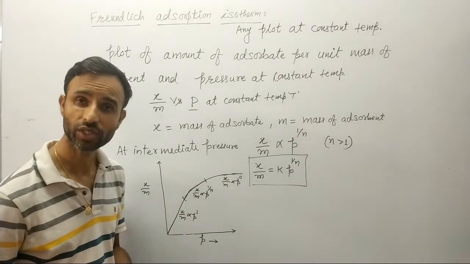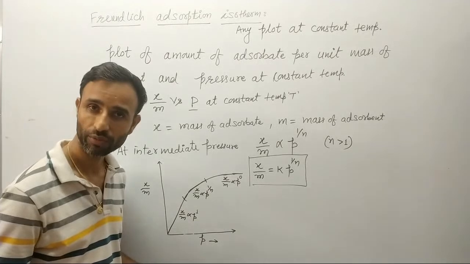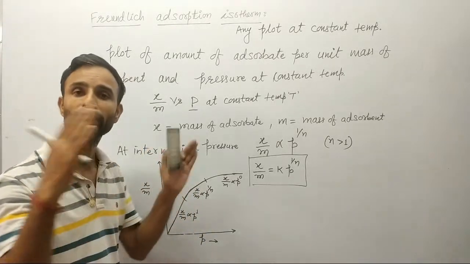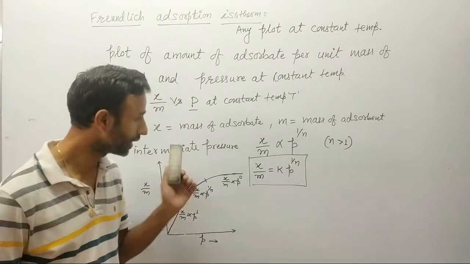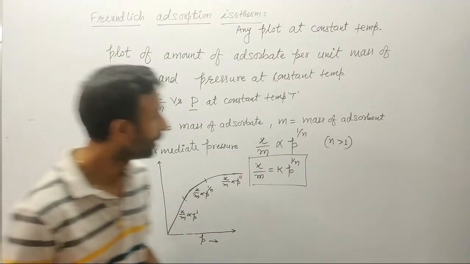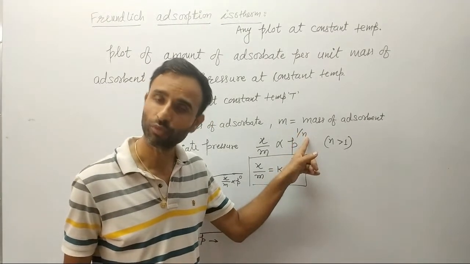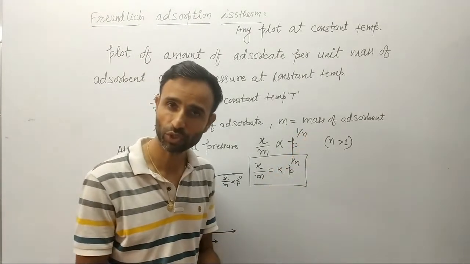So Freundlich studied the adsorption with respect to pressure at intermediate range. Because p raised to power 0 means n should be infinity, that is not possible.